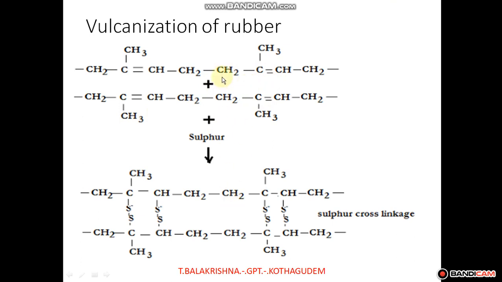In the vulcanization process, we add sulfur at 110 degrees Celsius to 140 degrees Celsius. The sulfur is added between the two rubber springs, where the double bonds are present.